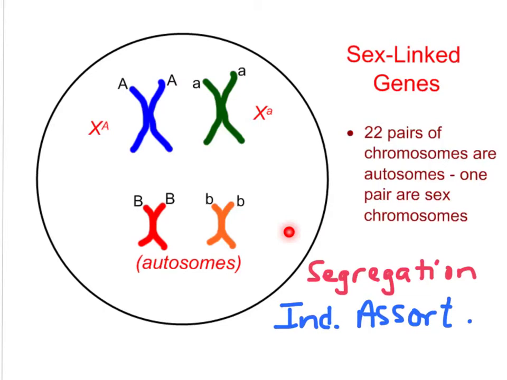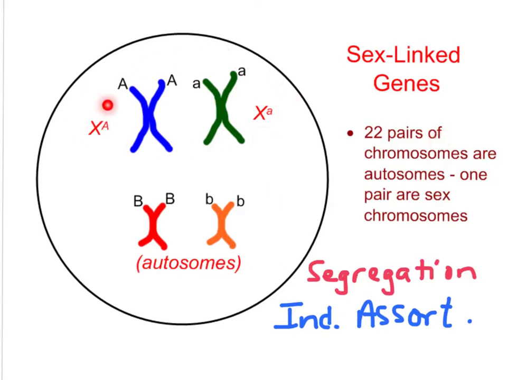Now let's look at the sex-linked genes. When we talk about the human chromosomes, we have 23 pairs total. 22 of those pairs are autosomes. Autosomes are the ones that are not the sex chromosomes. So you have 22 pairs of autosomes, and 1 pair are the sex chromosomes.